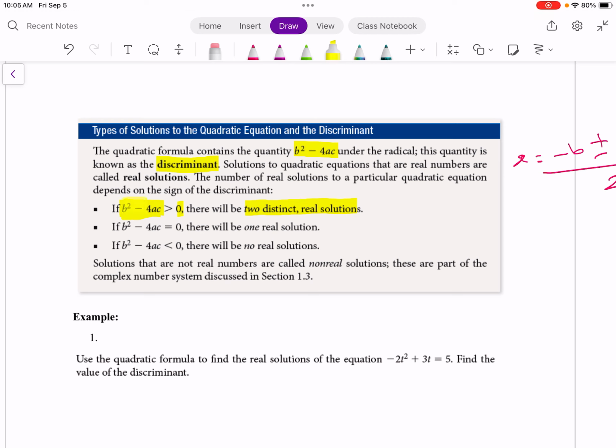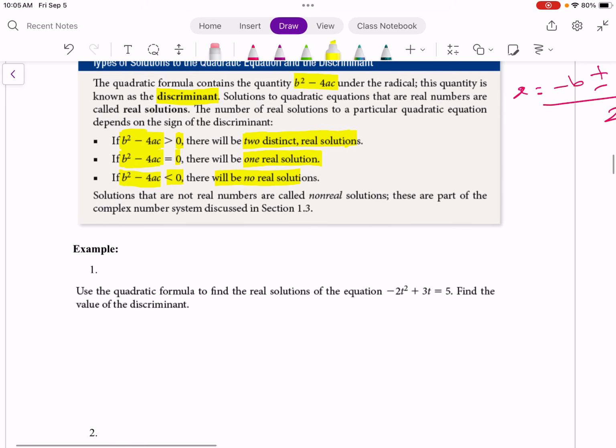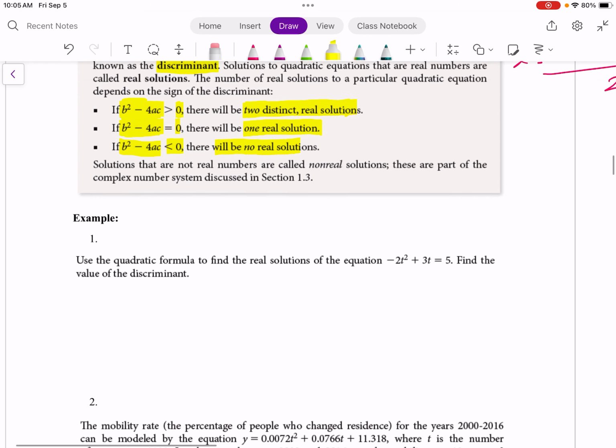If it is greater than 0, we always have 2 distinct real solutions. If it is equal to 0, there will be only one real solution. And if it is less than 0, there will be no real solution. So using the discriminant, we can tell the type of solution for the given quadratic equation.